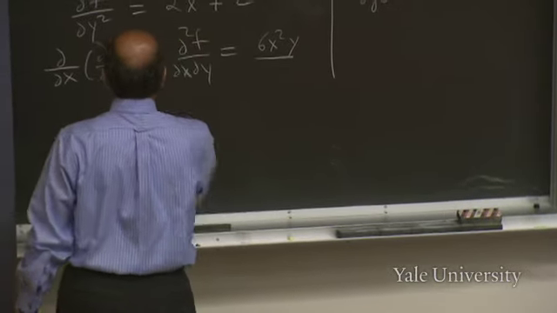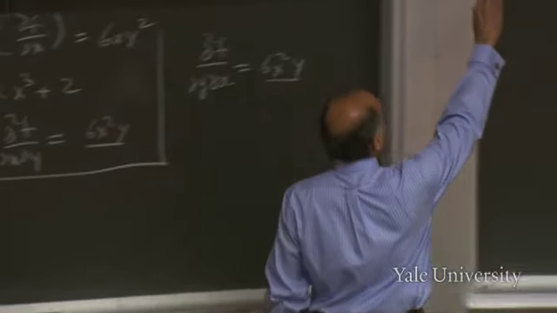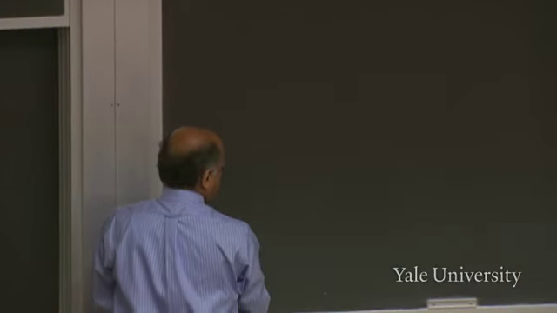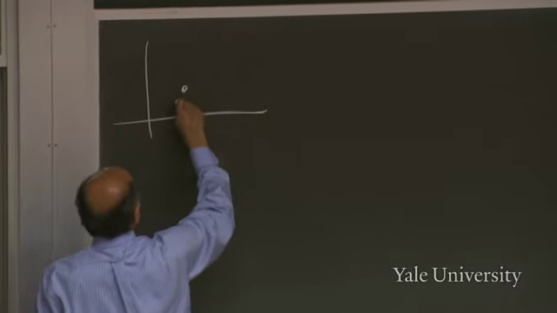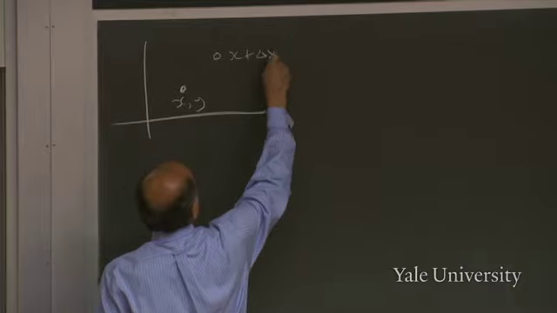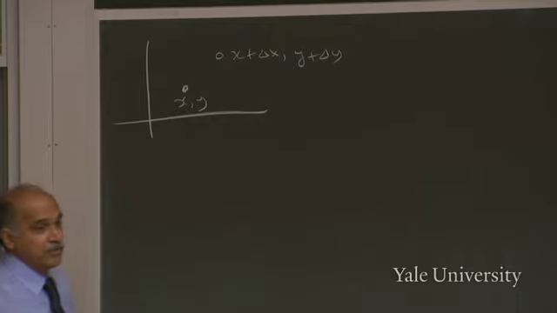So let's ask the following question. Let's take a function and let's ask how much the function changes when I go from some point x, y, to another point x plus delta x, y plus delta y. I want to find the change in the function.